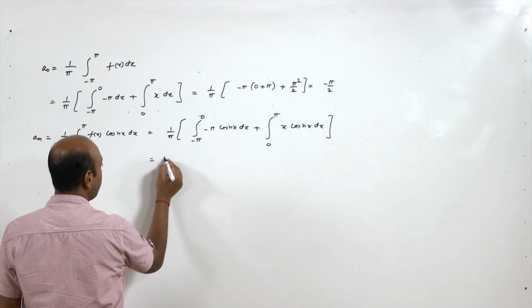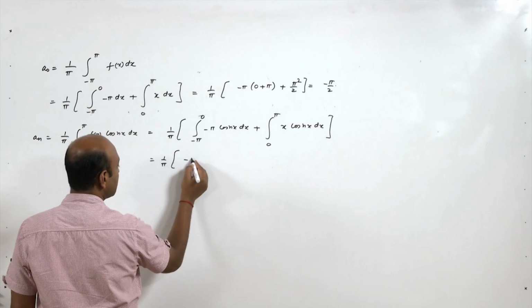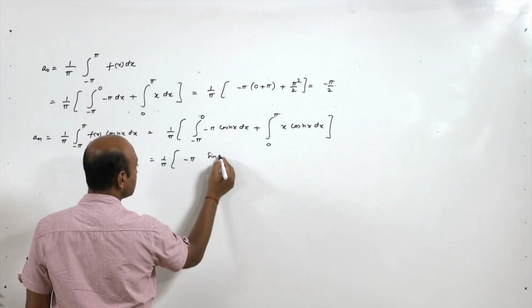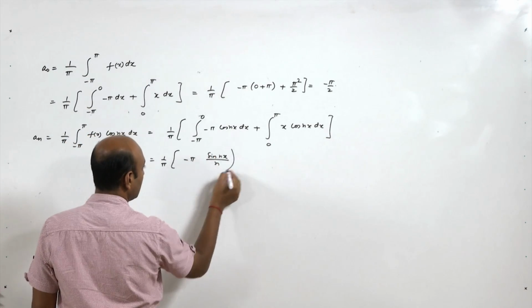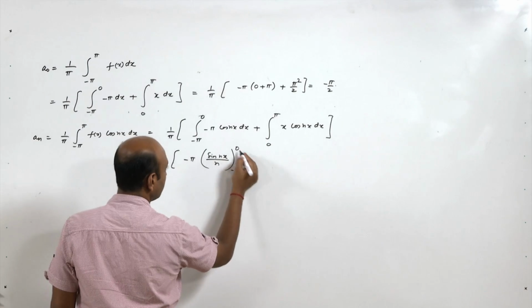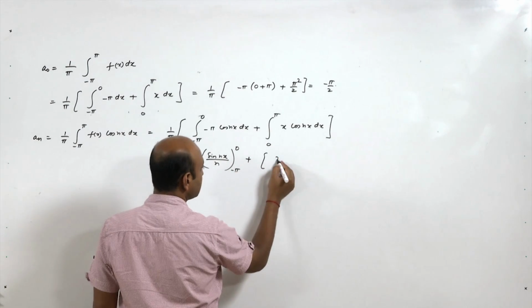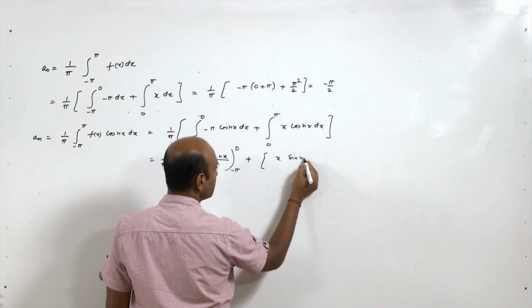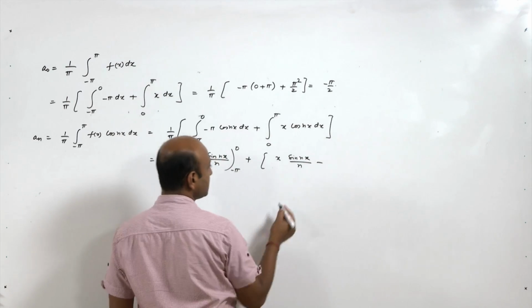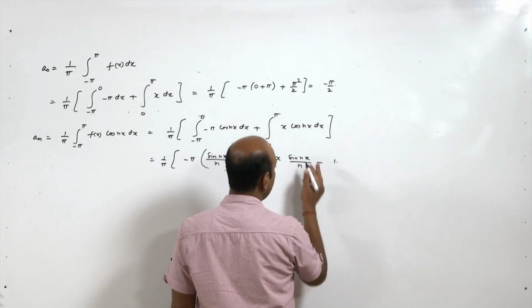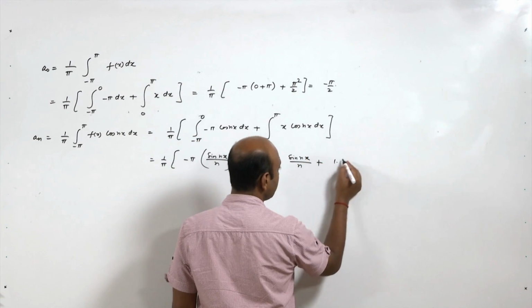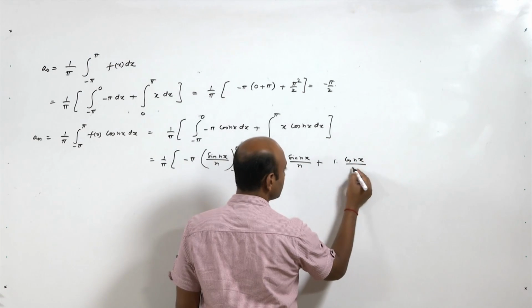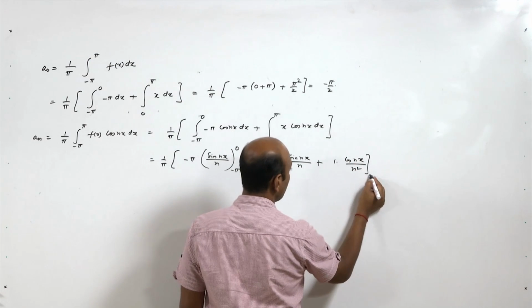Now, it is 1 by pi, minus pi will come out, sin nx upon n from minus pi to 0, plus x sin nx upon n minus 1 into integral of this, that is plus cos nx upon n square from 0 to pi.